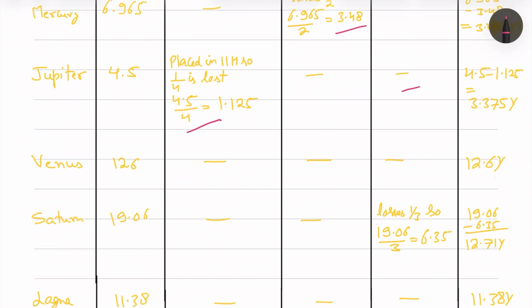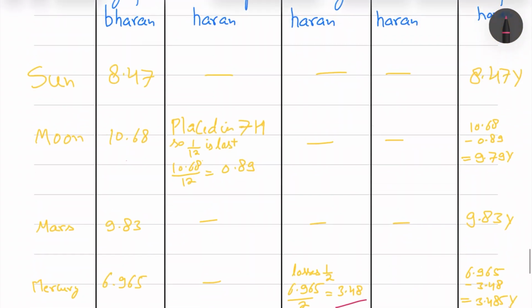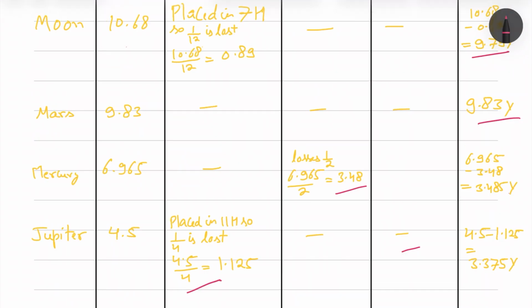Then Saturn loses 1/3, so 19.06 divided by 3 is 6.35. So Sun remains 8.45. Moon is 10.68 minus 0.89, so 9.79. After that, Mars no Haran. Mercury loses half its value, so it will have 3.485 after subtracting Haran from gross age.